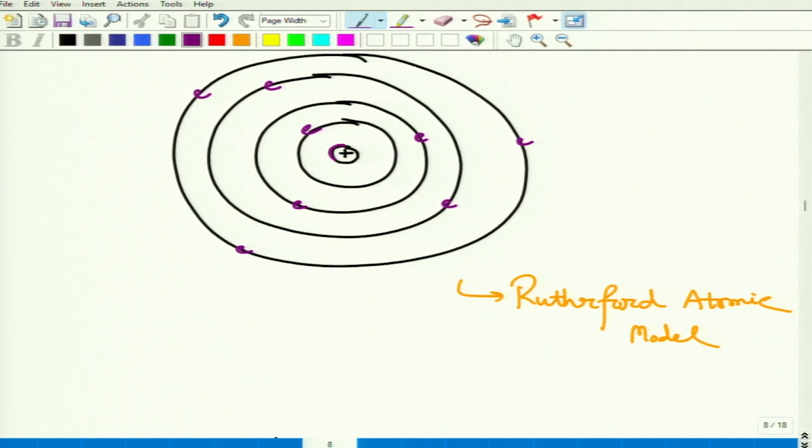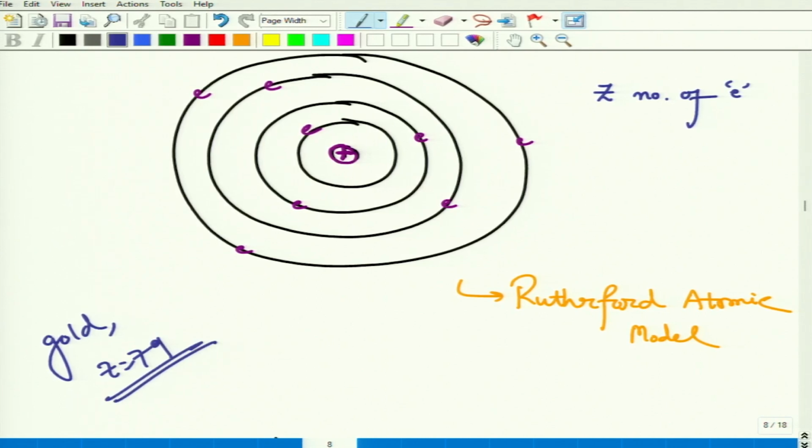This nucleus basically contains, let me say, according to Rutherford, if there is a Z number of electrons in the atom, because in case of gold Z was, I think, 79.